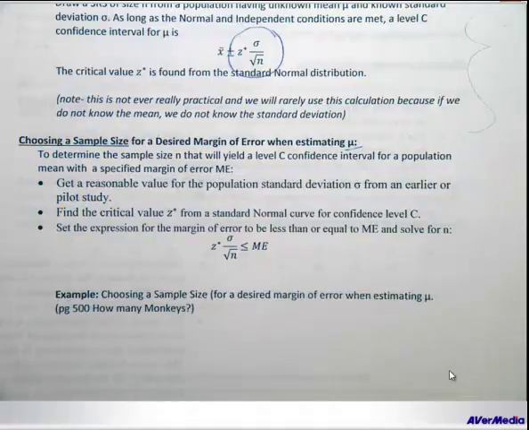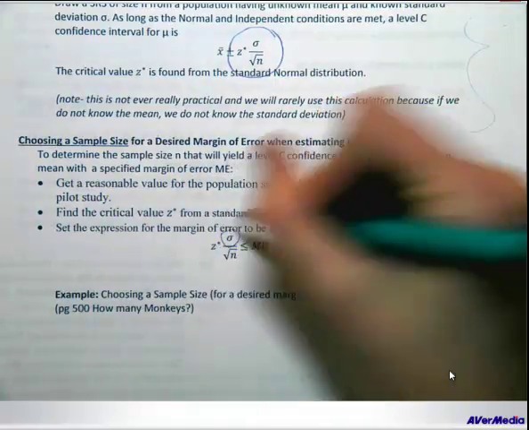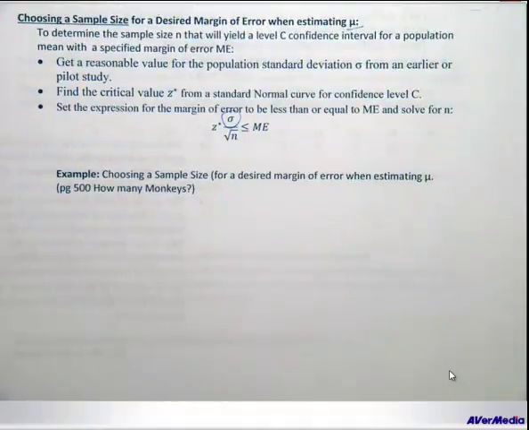What we're going to do here is based on, usually this number right here, our sigma, is going to be based on previous studies. So let's look at page 500, and you don't have to look at that if you don't want, just listen. It says, researchers would like to estimate the mean cholesterol level, mu, of a particular variety of monkey that is often used in laboratory experiments. They would like to have their estimate be within 1 milligram per deciliter of the true value of mu at 95% confidence level.